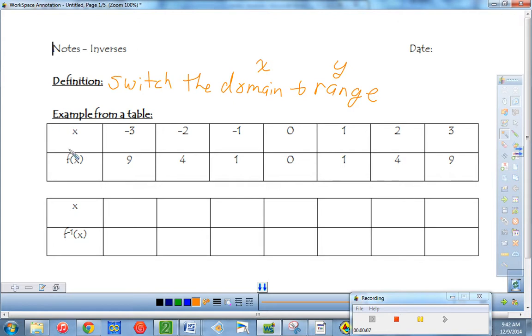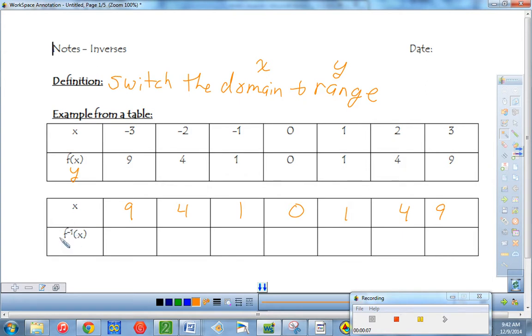So, for example, from a table, if our x values are here and our f of x, which is our y values, are here, we're literally just going to take them and flip them around. So x becomes 9, 4, 1, 0, 1, 4, 9. And f inverse, that's the key here.